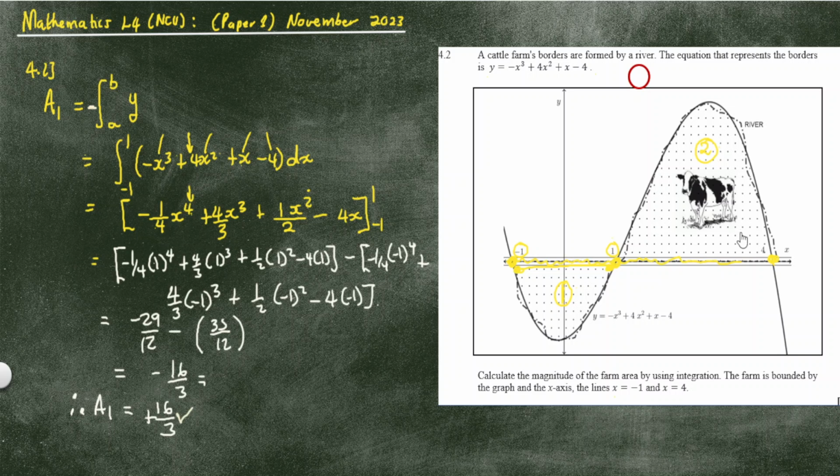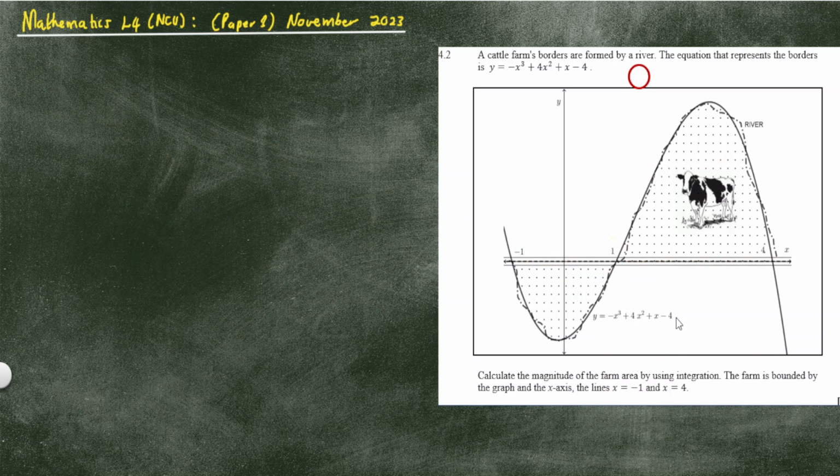Let's get area number 2. So area number 2 is equal to, I actually don't have to find the integral again.